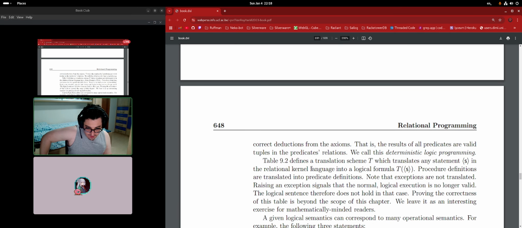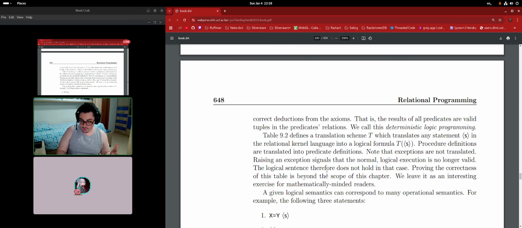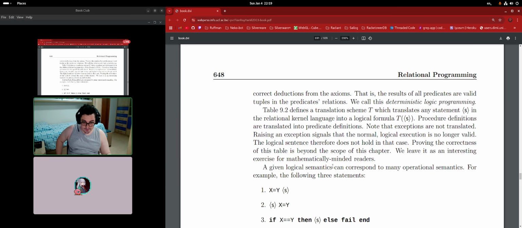Procedure definitions are translated into predicate definitions. Note that exceptions are not translated because, of course, raising an exception only fails for the backtracking. The logical sentence therefore does not hold in that case. Proving the correctness of this table is beyond the scope, of course.